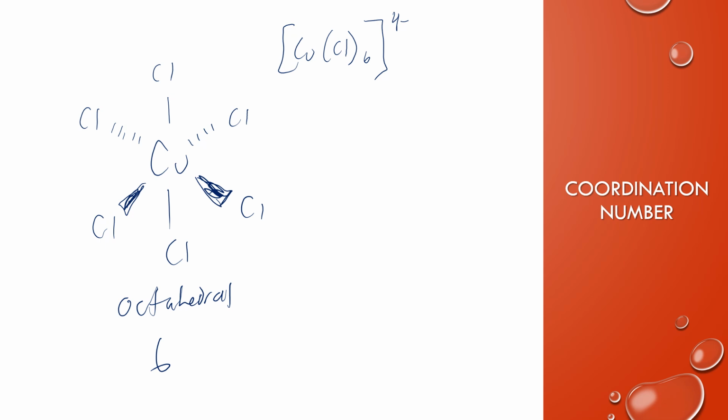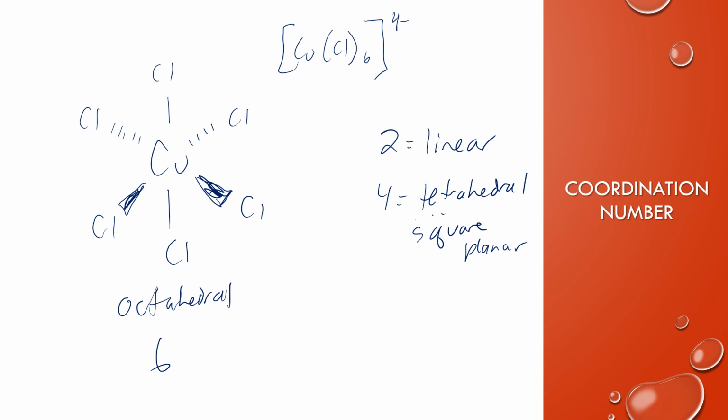Now, it could also be 2. If the coordination number is just 2, then it's linear. And then if it is 4, then it could be either tetrahedral or square planar. But they would have to give you some other information for you to know which one of those two it would be.